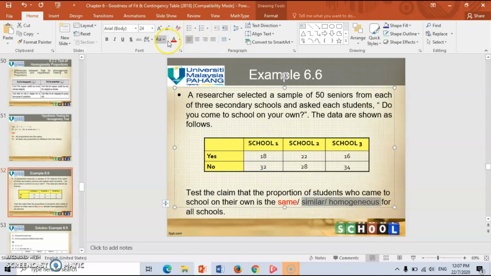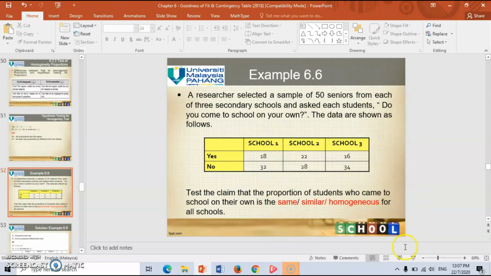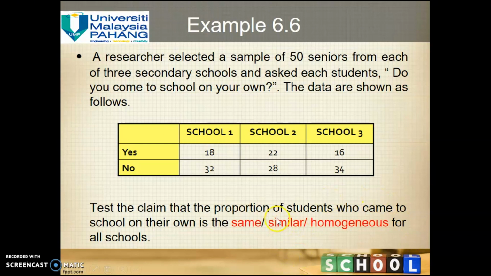We are dealing with homogeneity tests. And then another keyword, proportion. Then we have the homogeneity proportion.